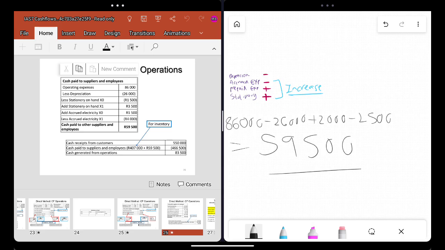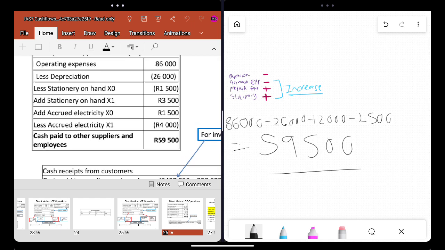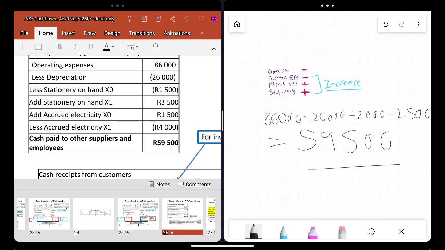Put it in brackets. Remember, cash paid to suppliers, which we did previously, is added to this figure because we're doing employees and suppliers separately, and you get the final figure. So you see how easy my method is. Like I saw over here, cash less stationery, all these balances they did. For example, when you add this, it'll come to 2,000.